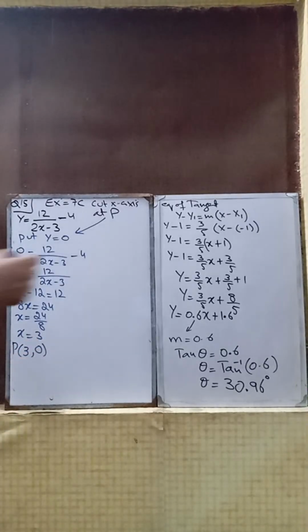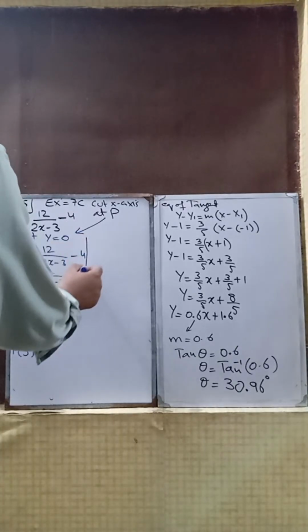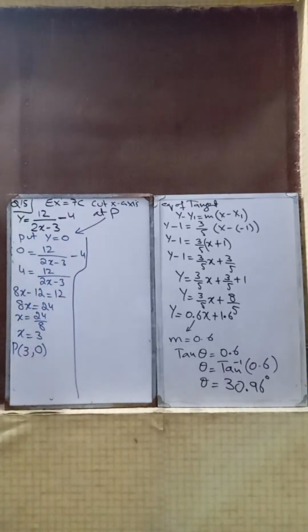Now I will differentiate this equation. This is the first portion. Because that point P was on that curve, and P is the point where this curve cuts the x-axis, when a curve cuts the x-axis, its y coordinate is 0.